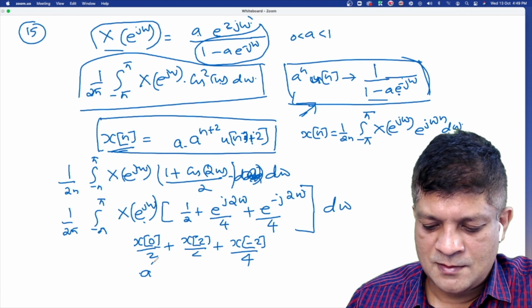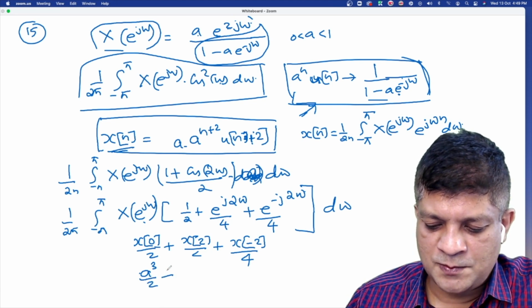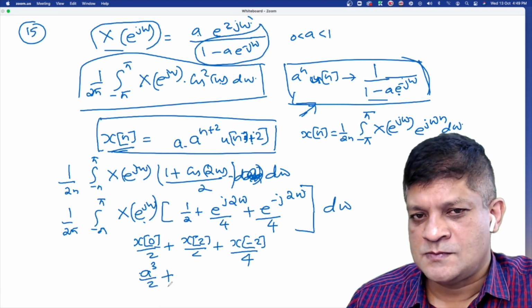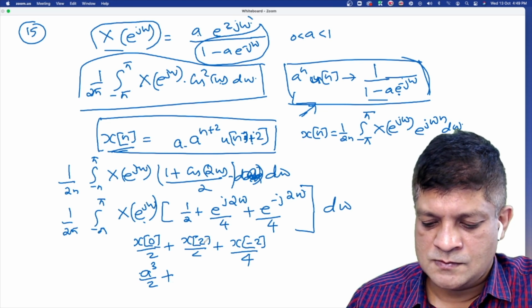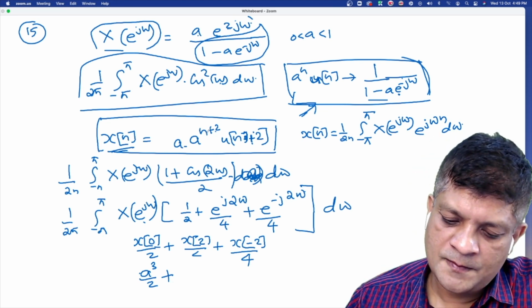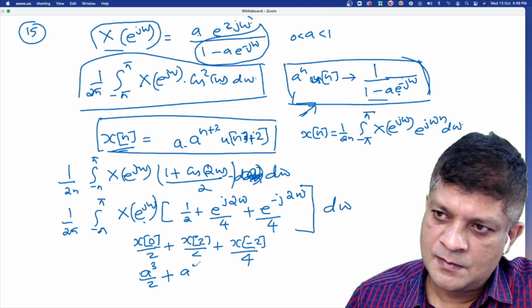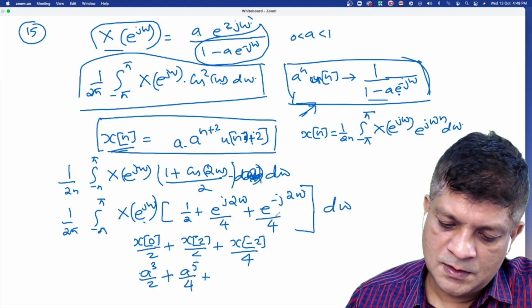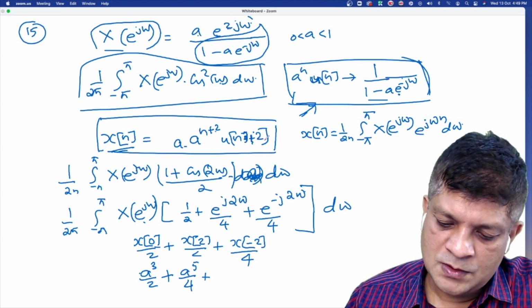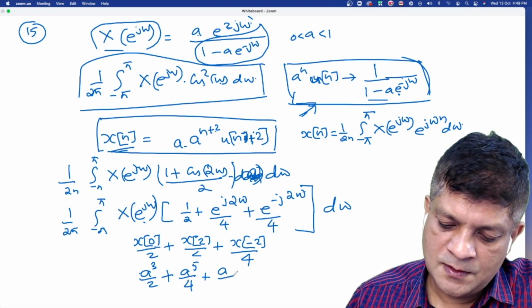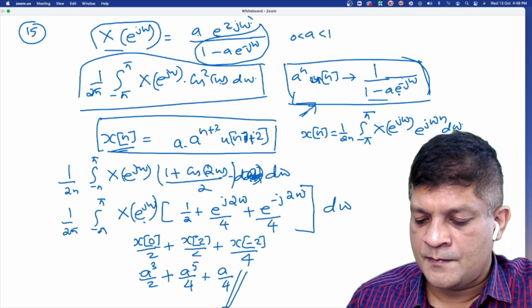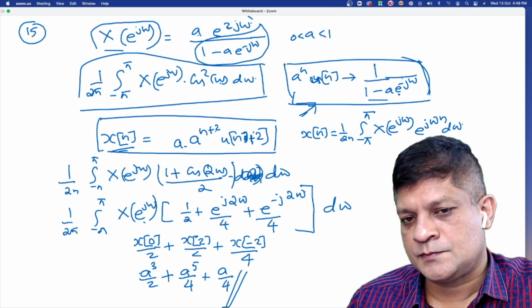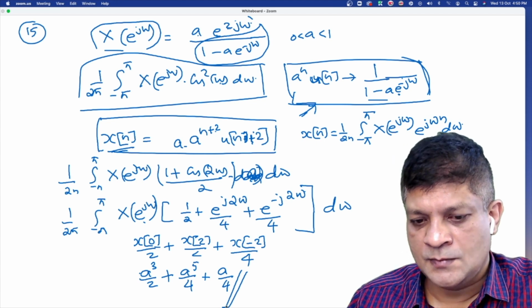It is 1. A cube by 2 plus, we put 2 here, a to the power 5 by 4, plus. Then if we put minus 2, again this is 1, a by 4. Is it? That is this integral.